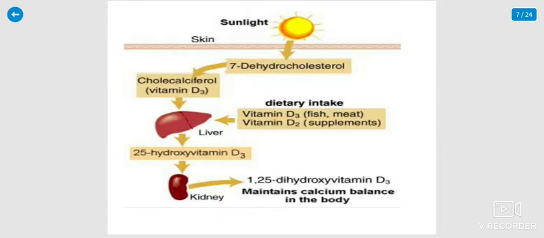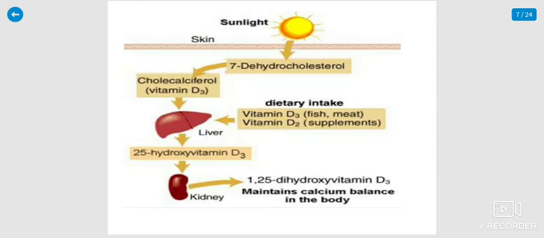Actually, the mechanism is that sunlight acts through the skin on 7-dehydrocholesterol to form cholecalciferol, D3.